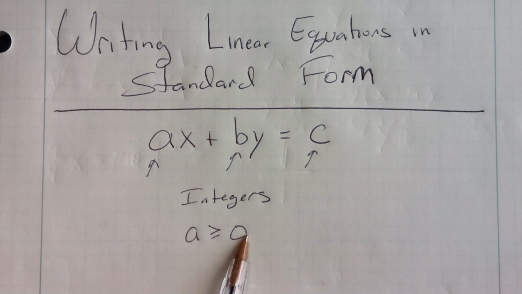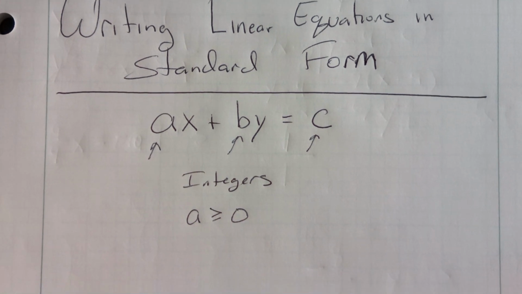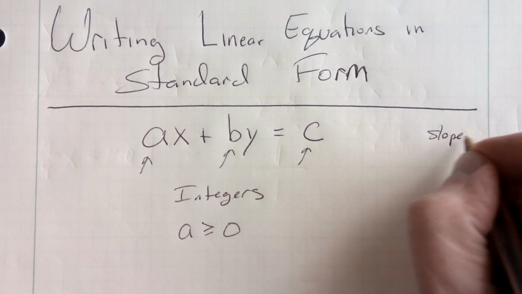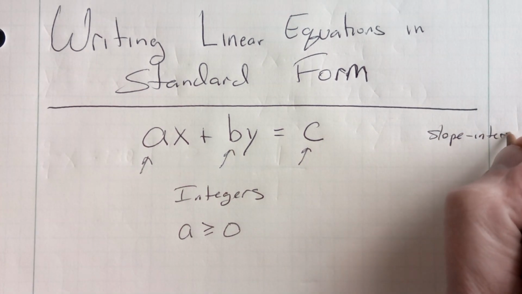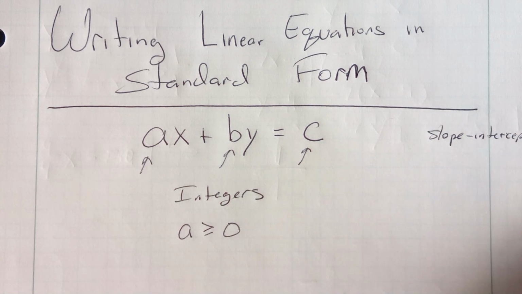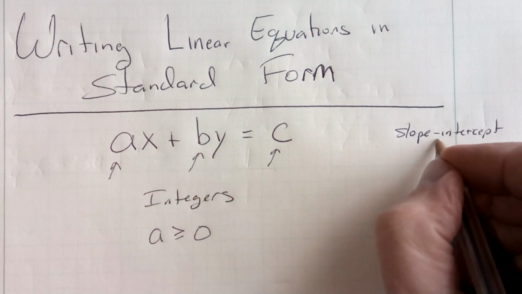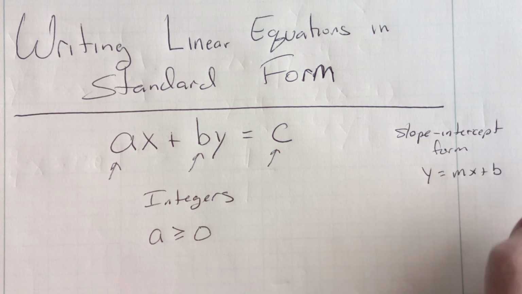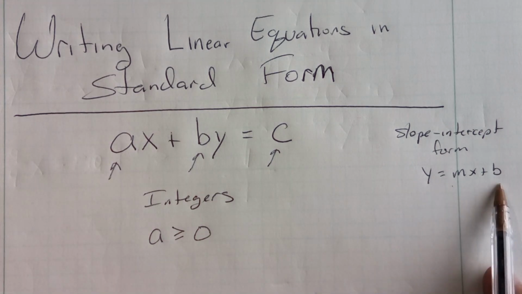So now remember, our slope-intercept form, just as a reminder, is y equals mx plus b, where m is the slope and b is the y-intercept.